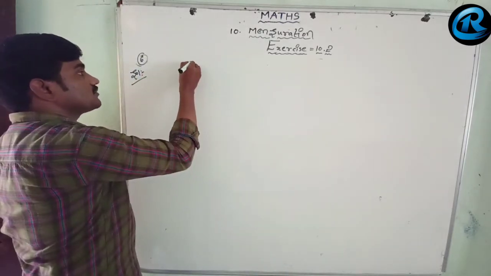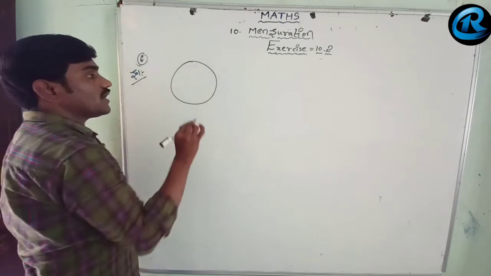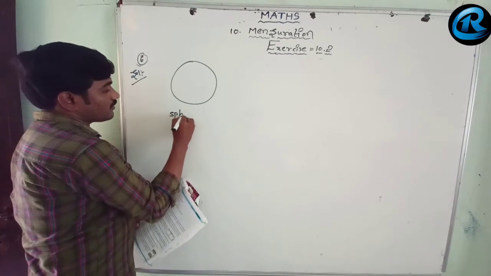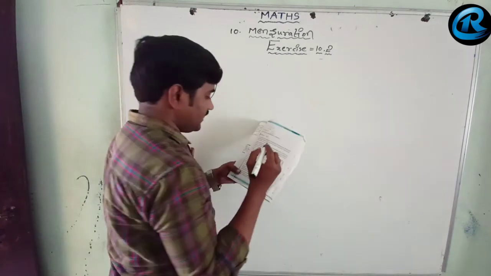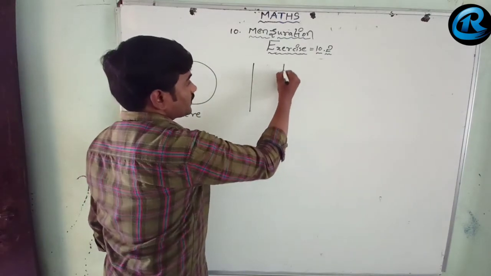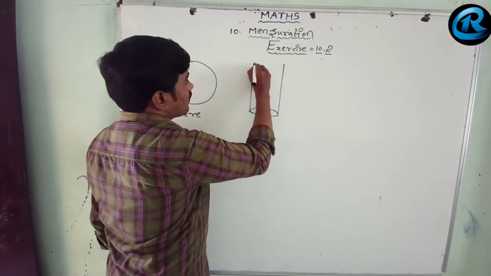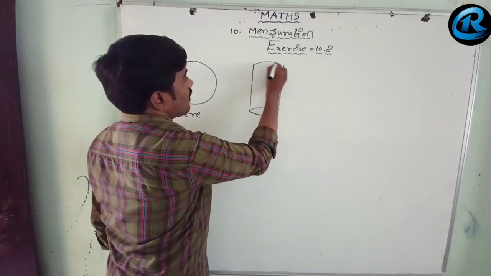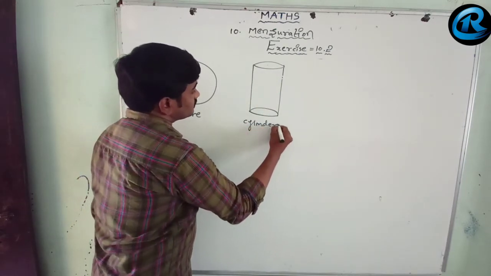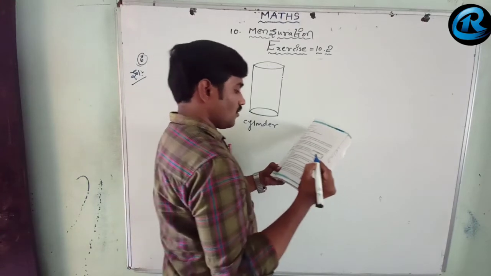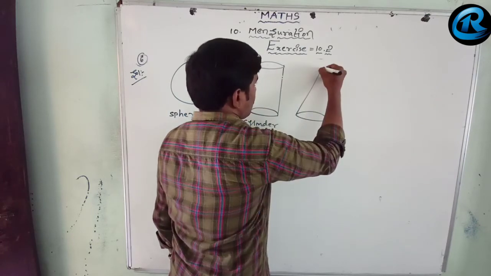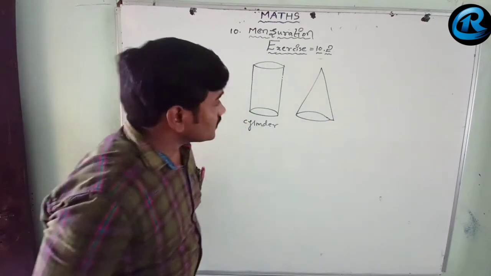First let us take the cylinder, sphere, and next one is a cone.